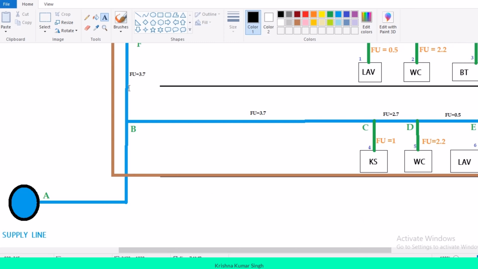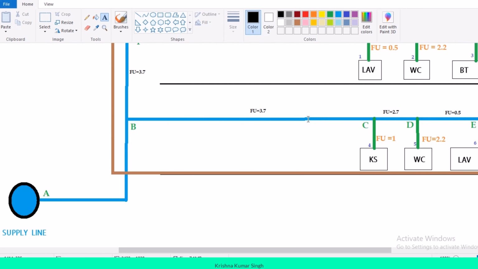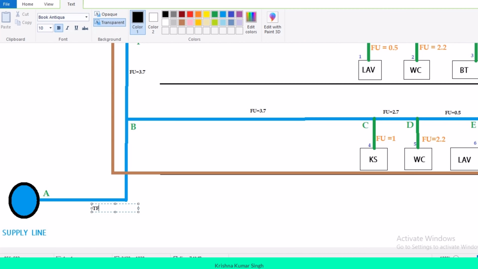I have to sum the fixture unit value which is coming from the above branch, and I will add this fixture unit value with this branch, and the final is over here, okay? The total fixture unit equals 3.7 plus 3.7, we will write the summation, okay? And that is very easy.